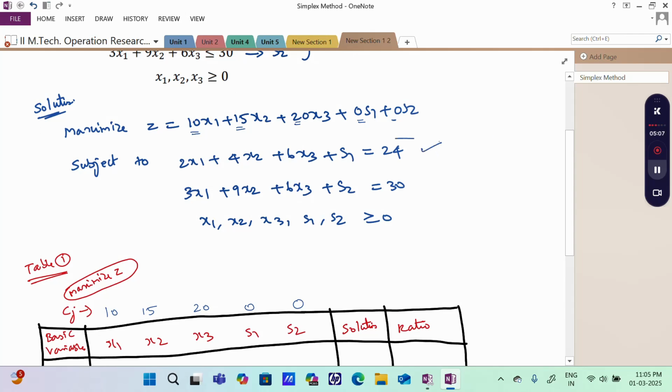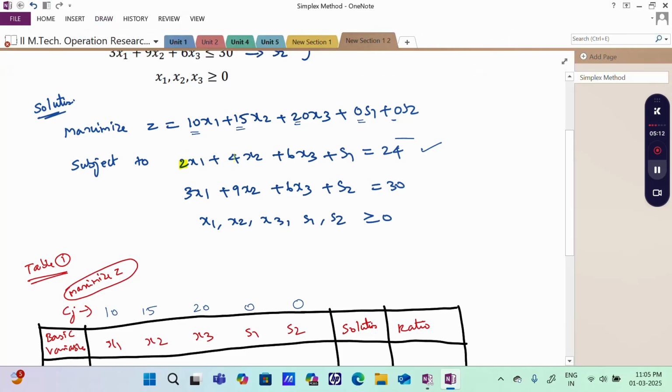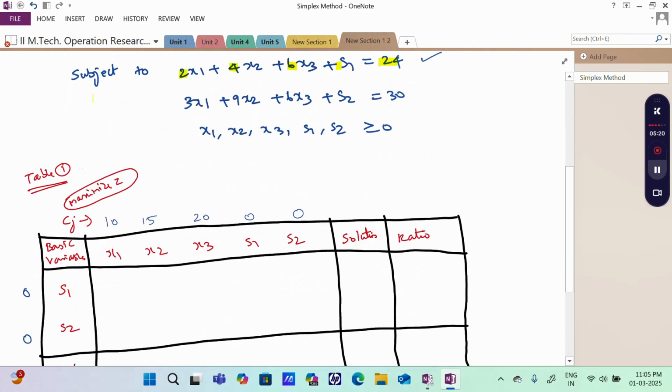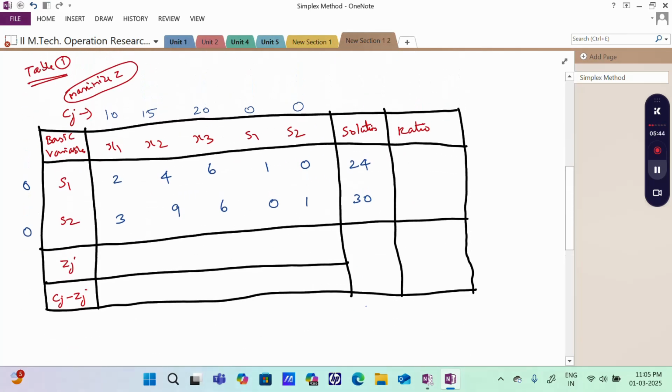This is our first equation: 2, 4, 6, 1, 0 and 24. Then the second equation: 3, 9, 6, 0, 1 and 30. This is our first table.